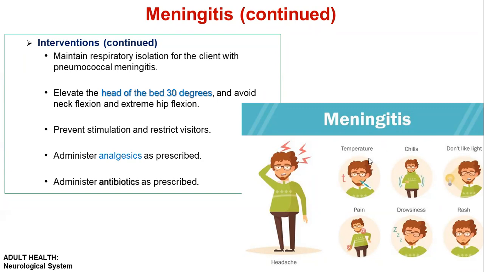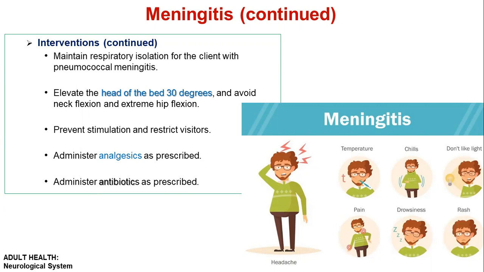In this picture, a little bit of review about the signs and symptoms of meningitis. In the first picture we can see the temperature is increased, right? Chills, dislike of light meaning photophobia, pain, drowsiness, skin rash, and headache.